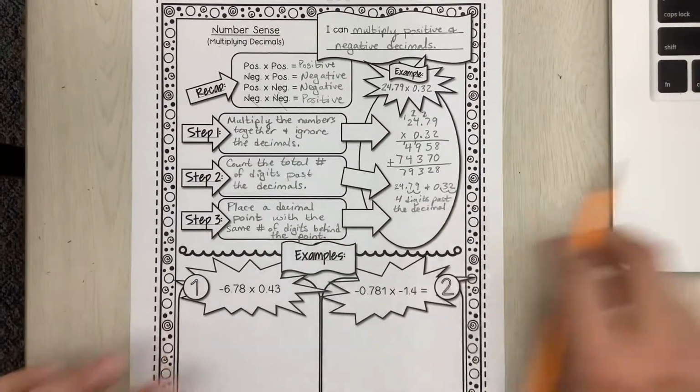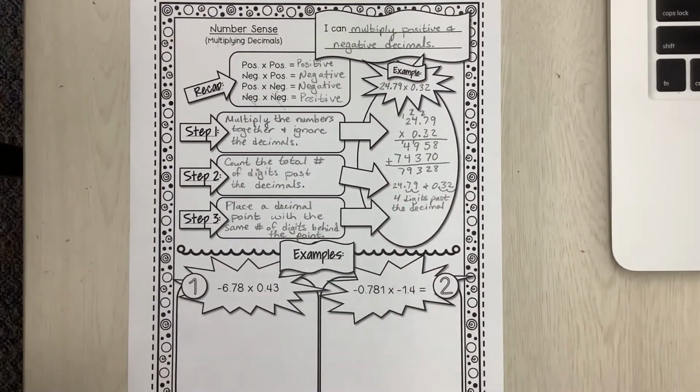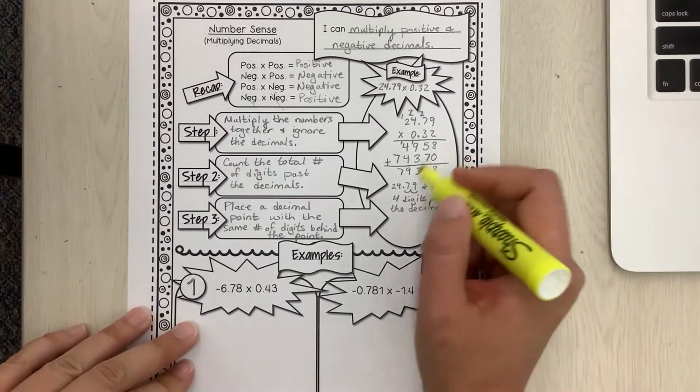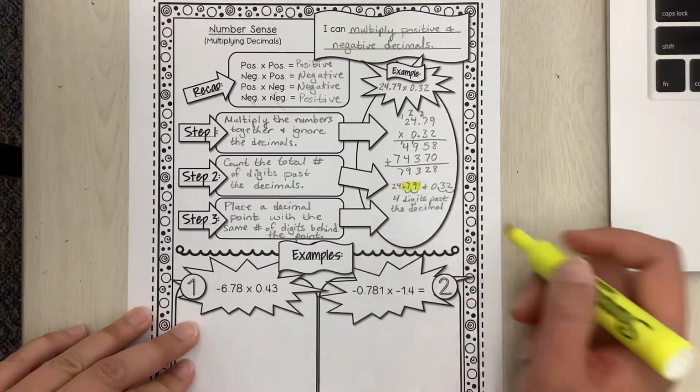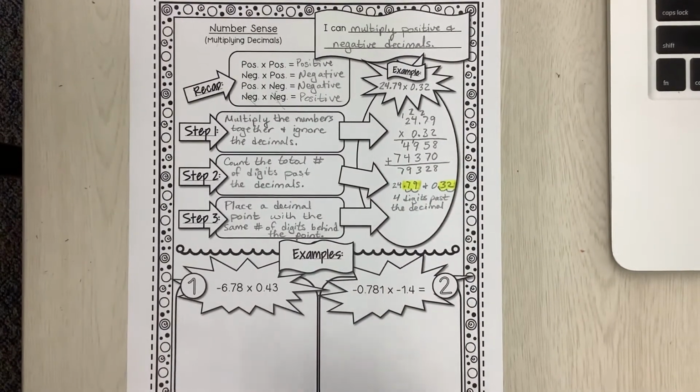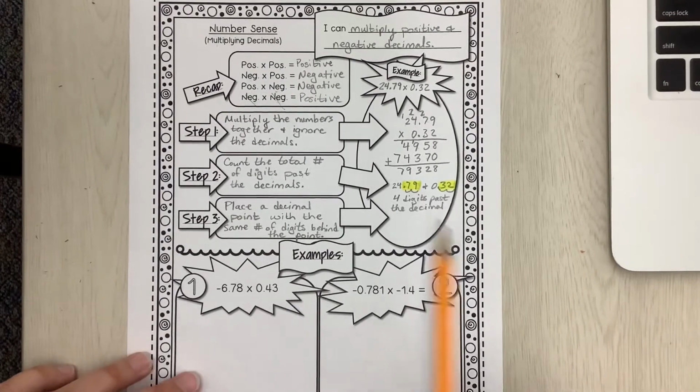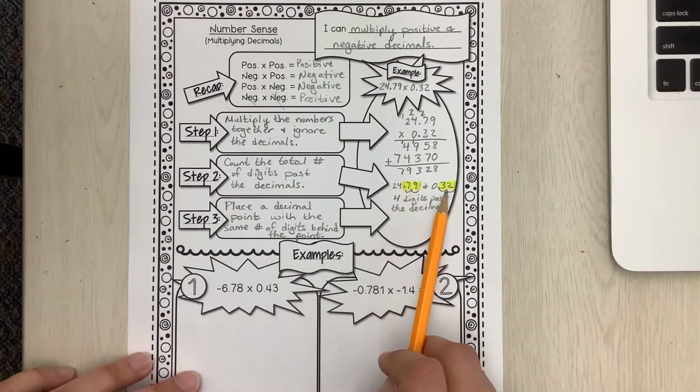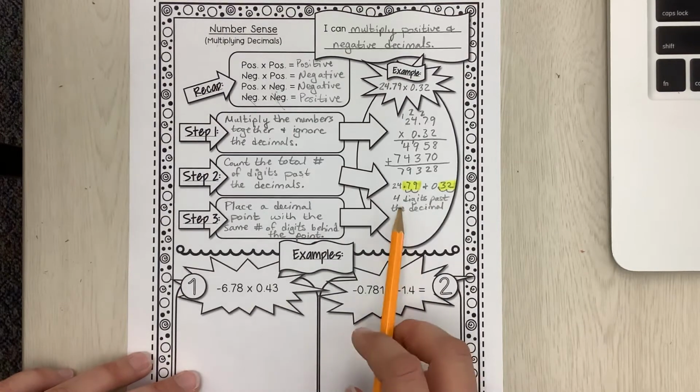Okay, so I'm going to highlight that. When you say past the decimal, it's like we're getting into the change of a dollar. So the 79 cents and the 32 cents there, those are past the decimal. So 4 digits, 1, 2, 3, 4, past the decimal.